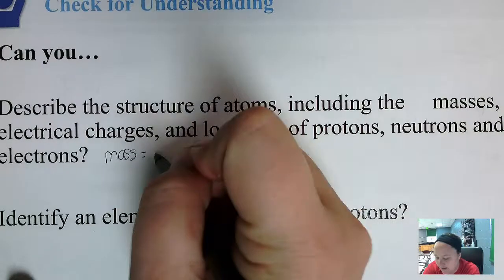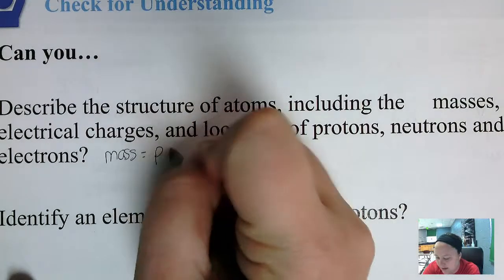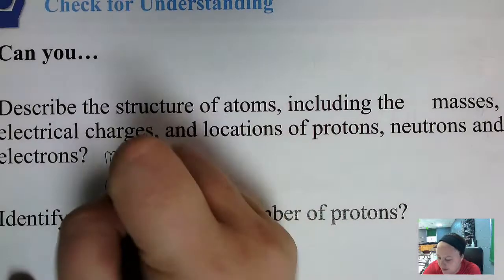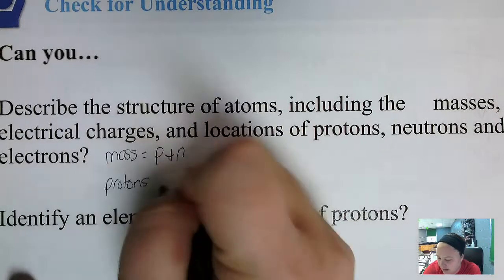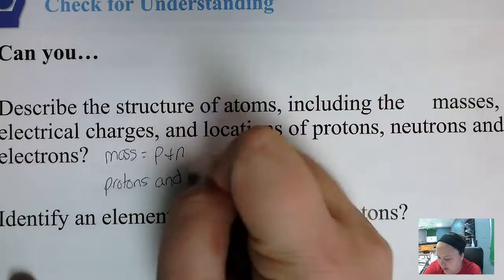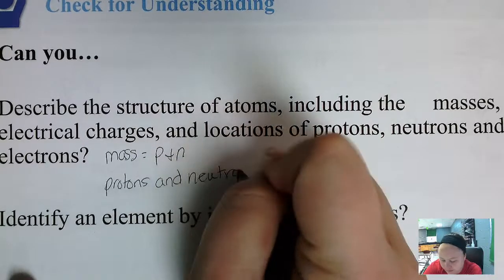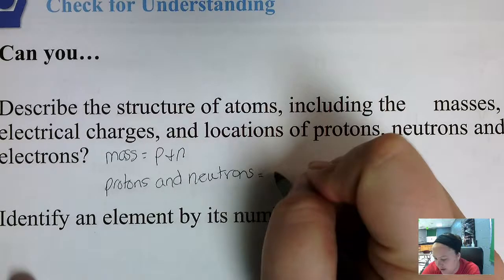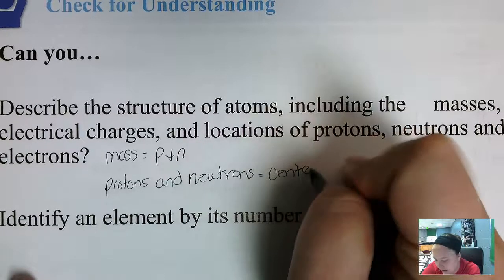So, the mass is made up from protons and neutrons. The protons and neutrons are located where? If you said the nucleus or the center, you are correct.